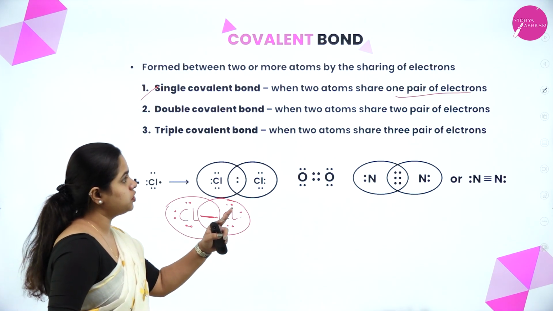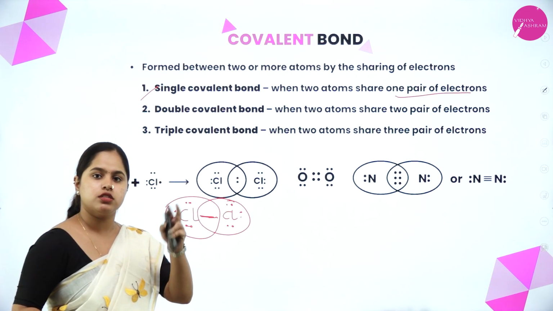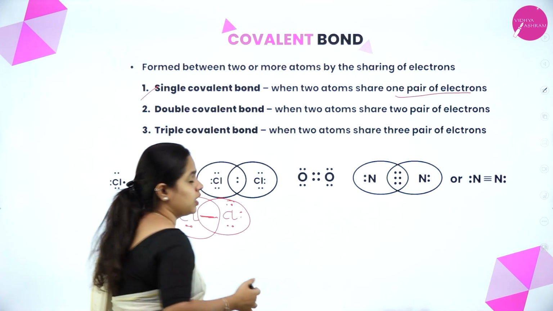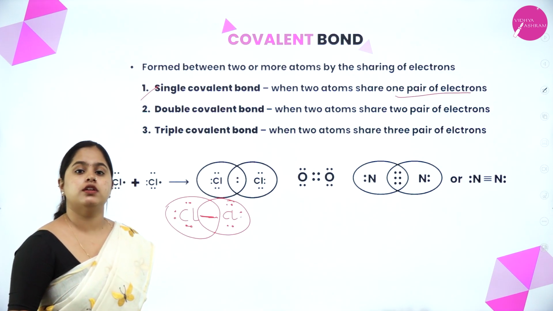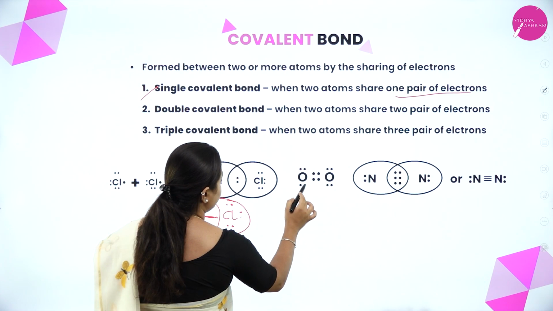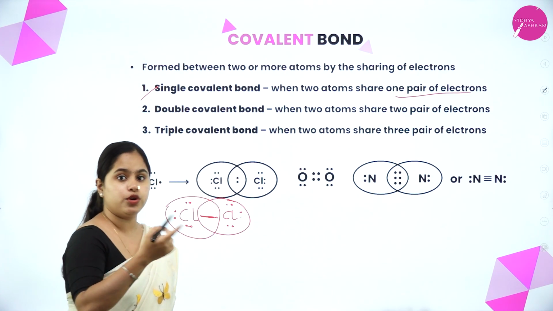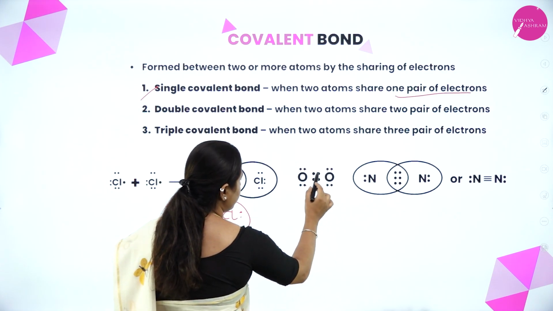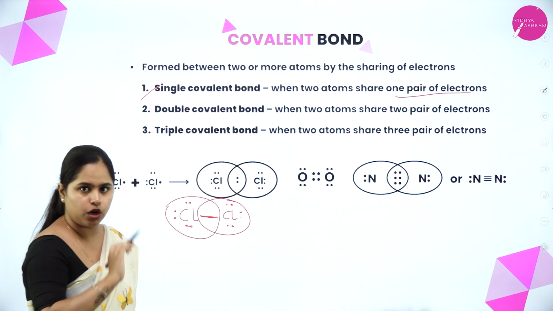When two atoms share 2 pairs of electrons, a double covalent bond is formed. As you can see here, how many valence electrons does oxygen have? It is 6, right? So, 1, 2, 3, 4, 5, 6, which are contributed by this oxygen atom, and 1, 2, 3, 4, 5, 6 which are contributed by the other oxygen atom.